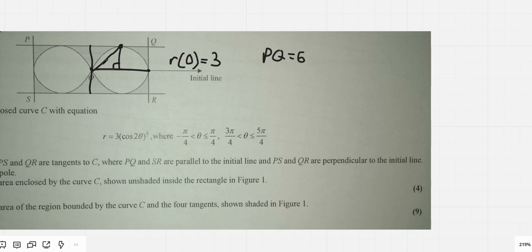We notice that this angle is theta, and this length is r. And so by basic trigonometry, QR over 2 is equal to r times sine of theta.